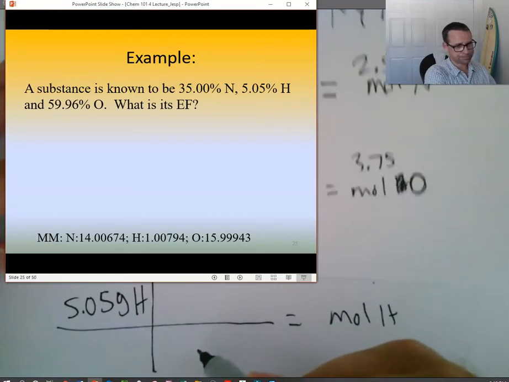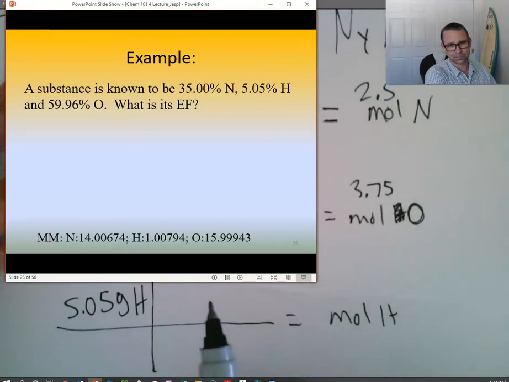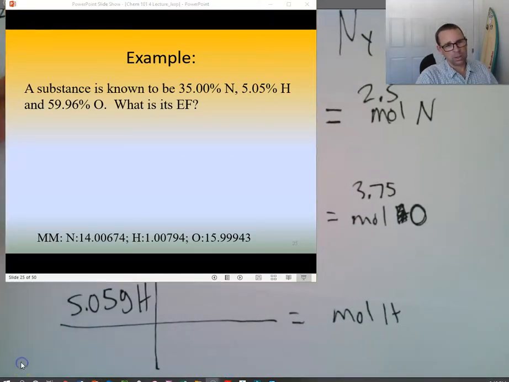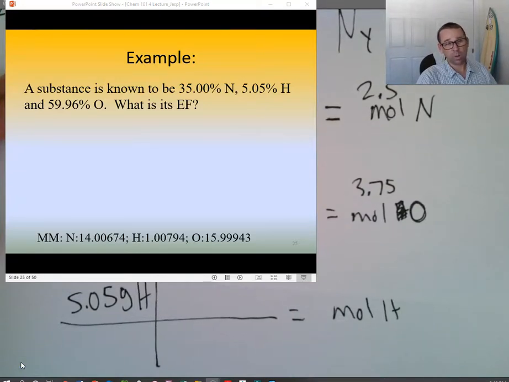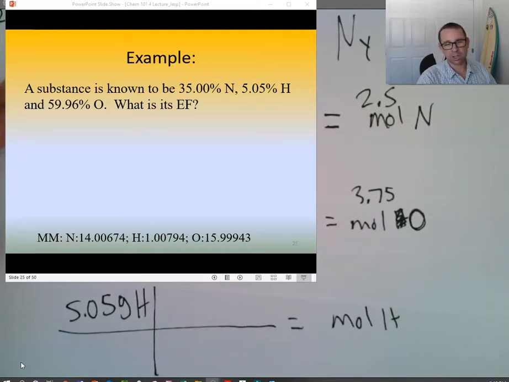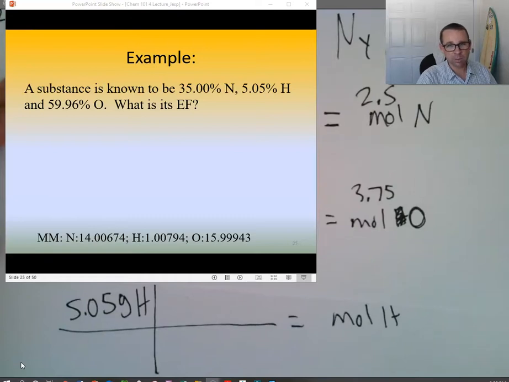You may wonder how we knew these percentages were in grams and not moles. We never express percentages in anything other than grams. So 35% nitrogen means if you have 100 grams of that material, 35 of those grams are from the nitrogen.